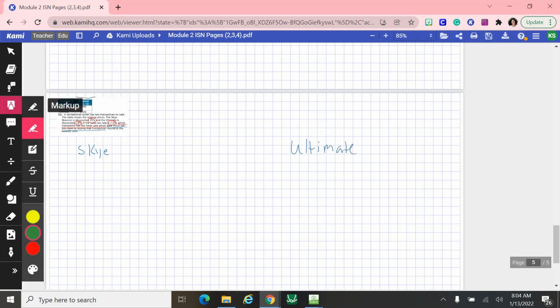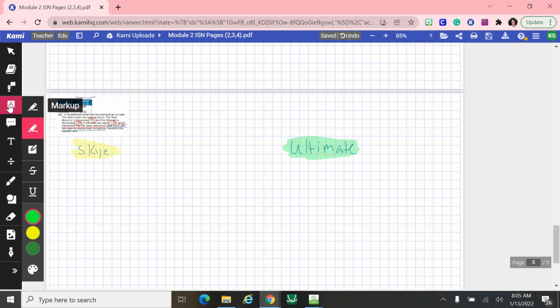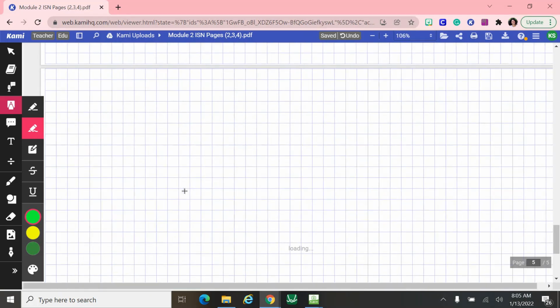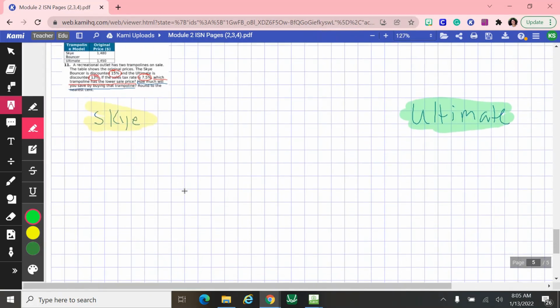And I'm going to color with a purpose and use yellow for Sky, and I'm going to use this green for Ultimate, just so we kind of know that those are our spaces that we're going to figure this information out.